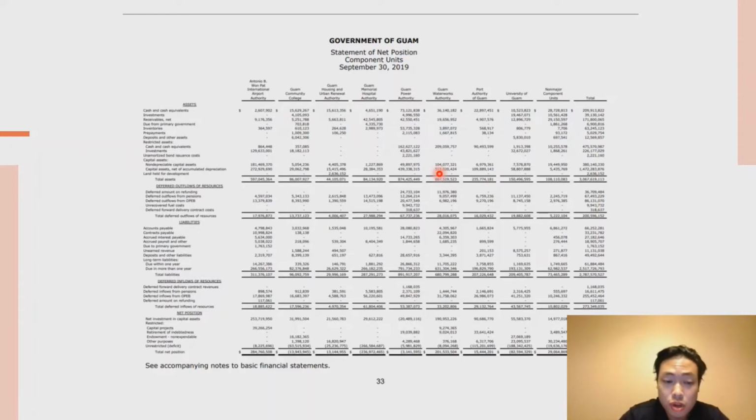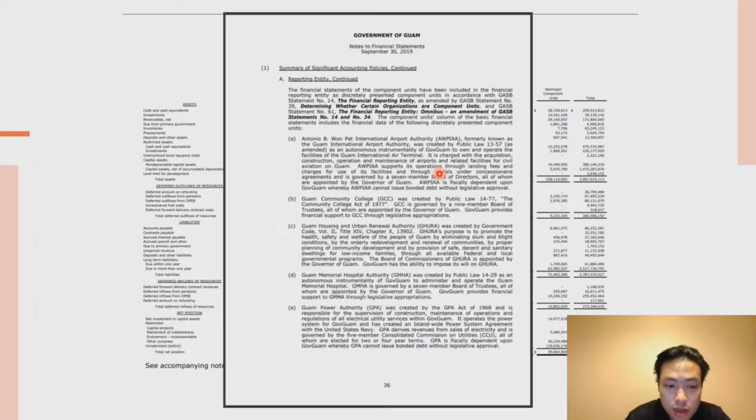Lastly, as a note, a brief description of component units is required to be included in the notes to the financial statements. You can actually see that here in the screenshot that I included. Very briefly, I'll describe line B, which states GCC was created by the Community College Act of 1977 and is governed by a 9-member Board of Trustees, all of whom are appointed by the Governor of Guam.